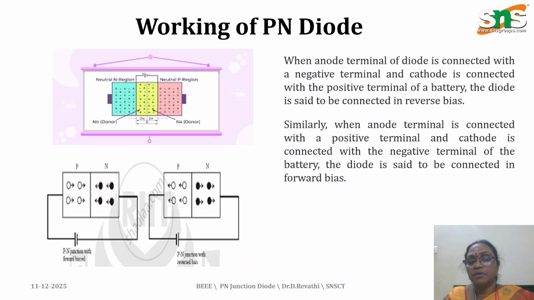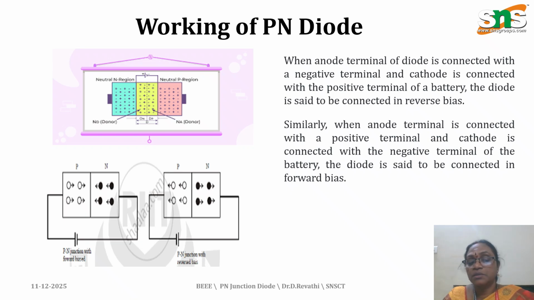And for the forward bias, see the diagram, P to P and N to N. If you apply a voltage through the battery with P to P, N to N, the depletion region is not wider like in reverse bias. If you apply more than 0.7 volt, it works and starts conducting current.